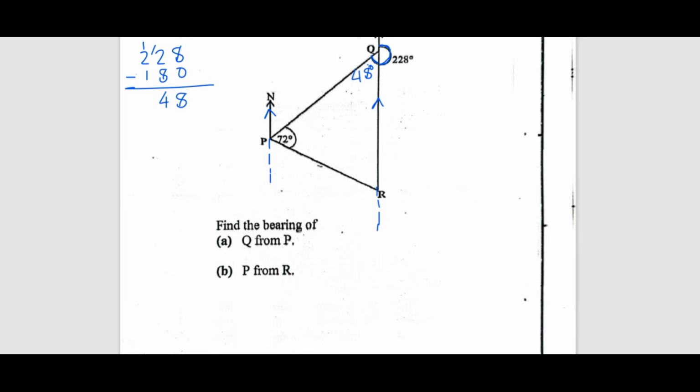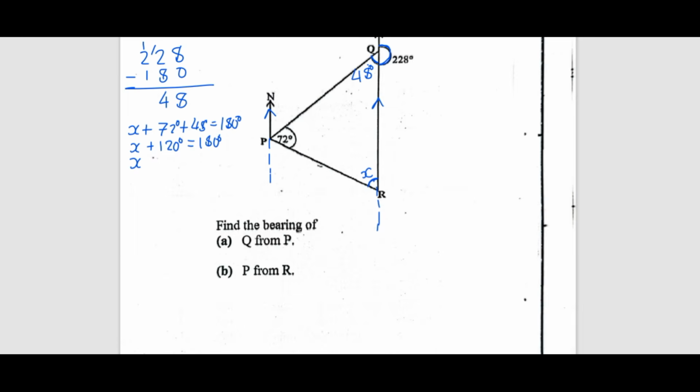So if we have 48, what is this angle? We know that a triangle adds up to 180. So let's put here we have x. So we'll say x plus 72 plus 48 is equal to 180. If we add 48 plus 72, 2 plus 48 we have 50, 50 plus 70 we have 120, is equal to 180.